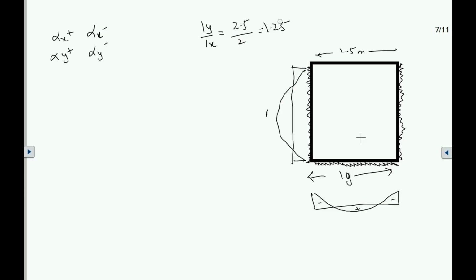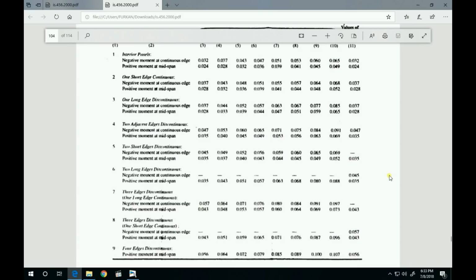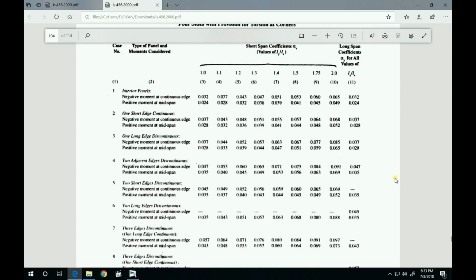Now we'll see table number 26. As you can see in this table, case number 3 says one long edge discontinuous, and it doesn't say about all the other edges. So if it says one long edge discontinuous, it naturally means that all the other three edges are continuous. For this case, our Ly by Lx ratio was 1.25, so that is in between 1.2 and 1.3.